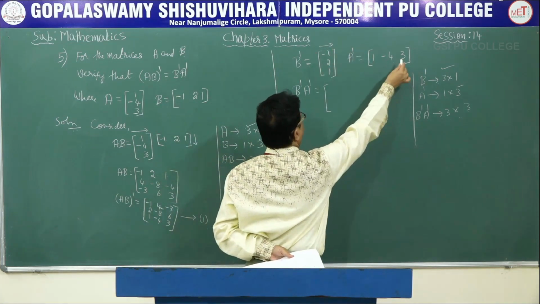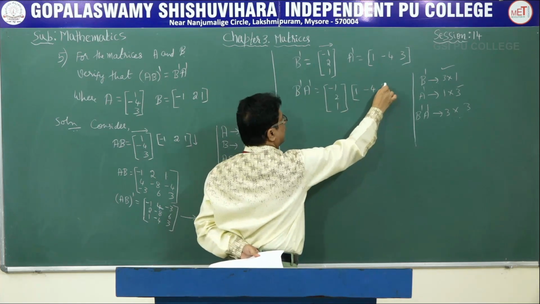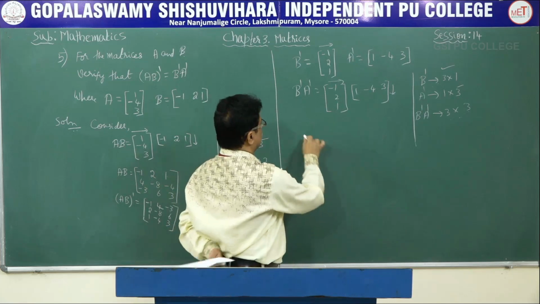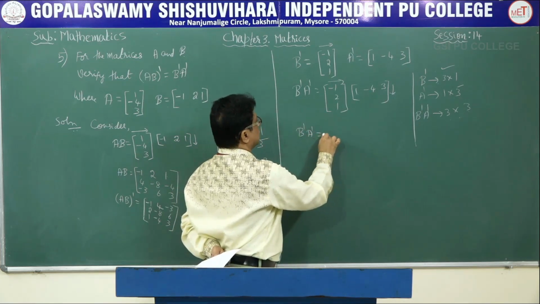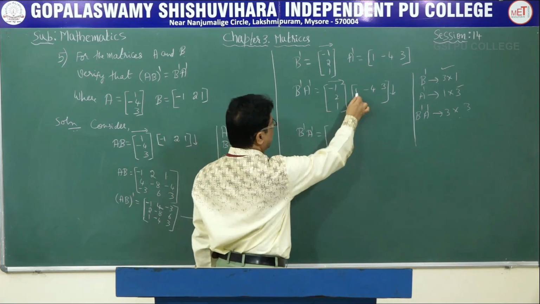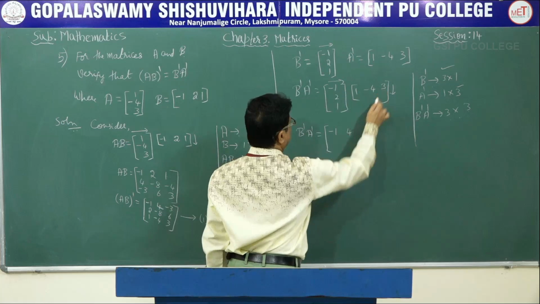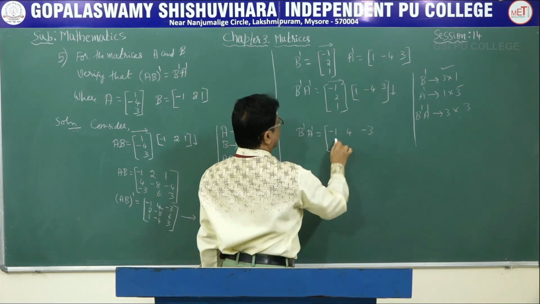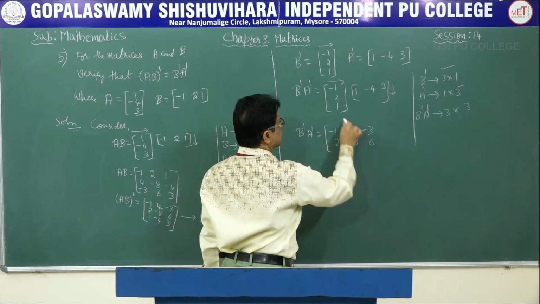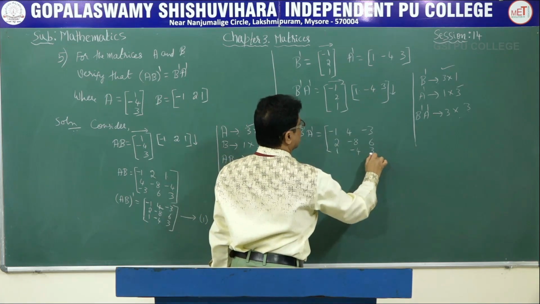As usual, row into column, that is minus 1, 2, 1 into 1, minus 4, 3. So minus 1 into 1 is minus 1, minus 1 into minus 4 is 4, minus 1 into 3 is minus 3, 2 into 1 is 2, 2 into minus 4 is minus 8, 2 into 3 is 6, 1 into 1 is 1, 1 into minus 4 is minus 4, 1 into 3 is 3.